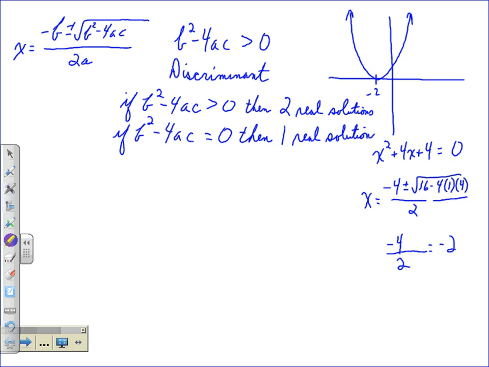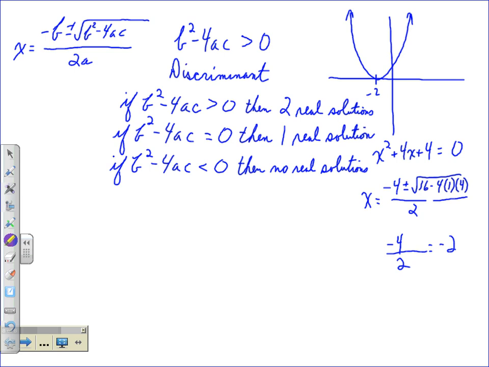Well, what if the discriminant, there's one other possibility, is less than 0, if we get a negative number, how many real solutions do we have? 0. Then there are no real solutions.